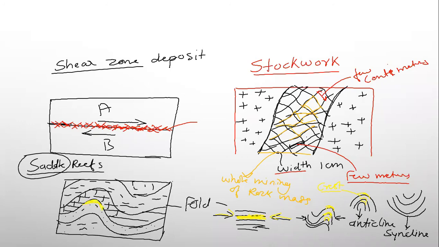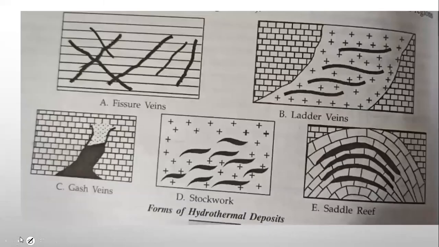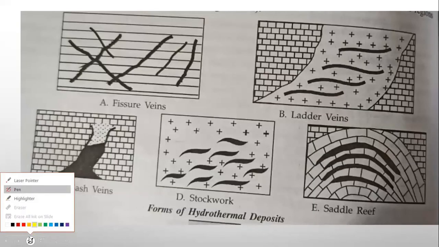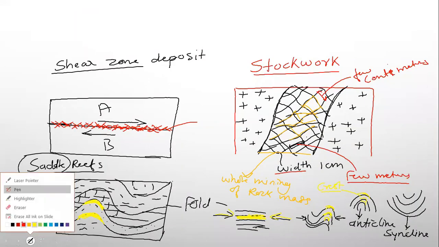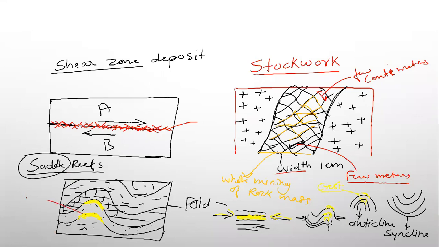You can see here, there will be deposition of ore like this at the crest, because while folding, it will concentrate in these particular regions. So these will be ore deposits, which are formed in the shape of a saddle, a horse saddle.